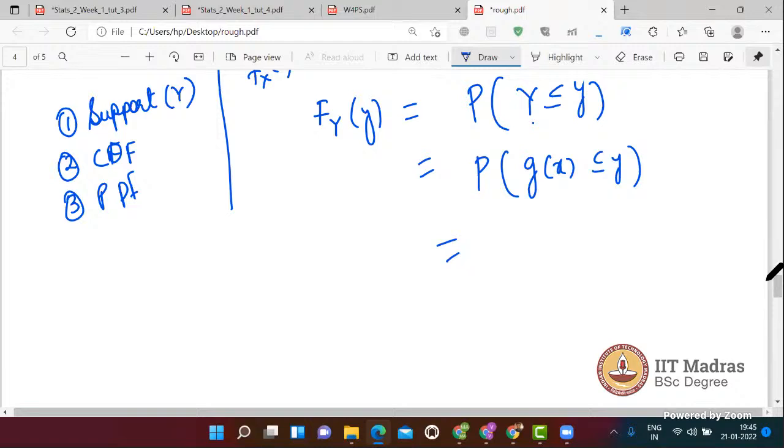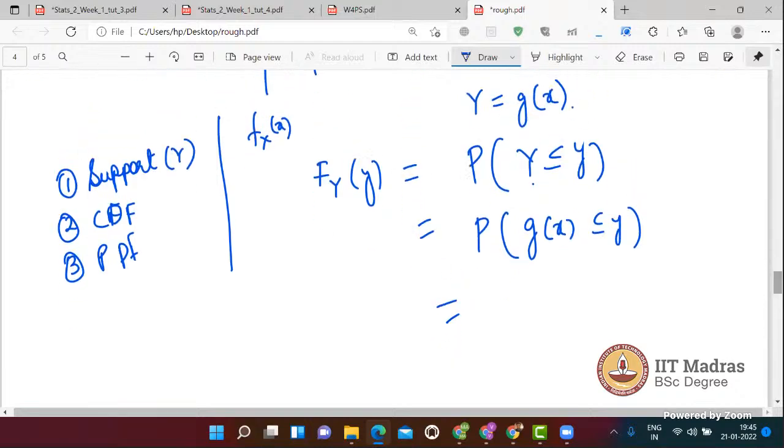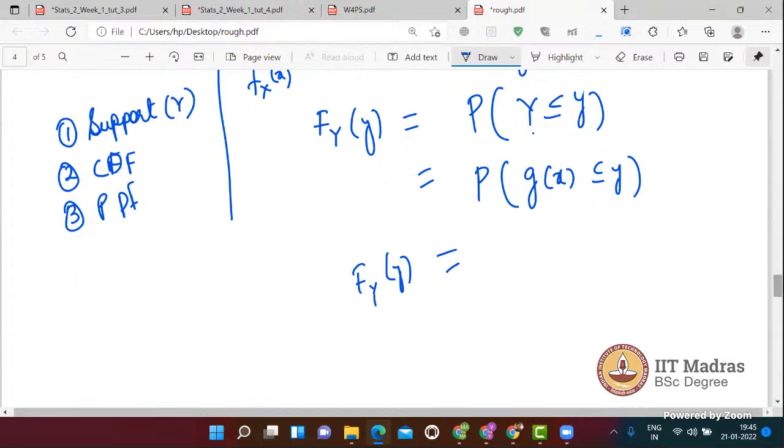Because you already have the distribution of x, you can calculate with the help of the distribution of x for all the values of x where g of x is less than or equal to y. You can calculate the probability and get the CDF of y. I have just told you, but this is not that simple to calculate. If you try 1-2 questions, you'll be able to directly track that with the help of the formula.